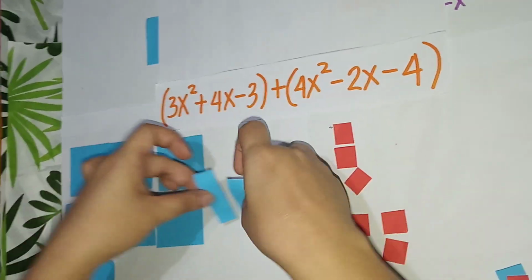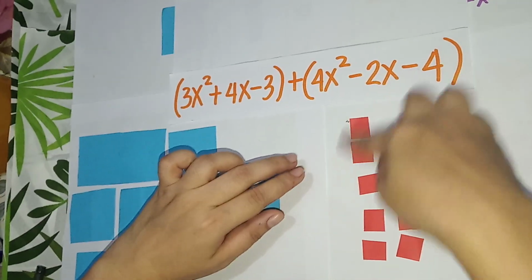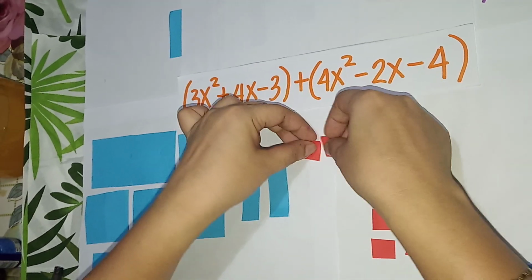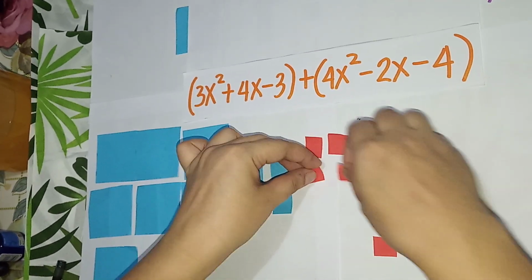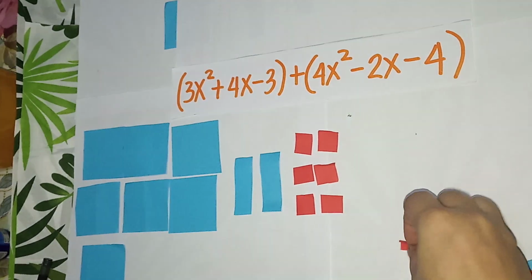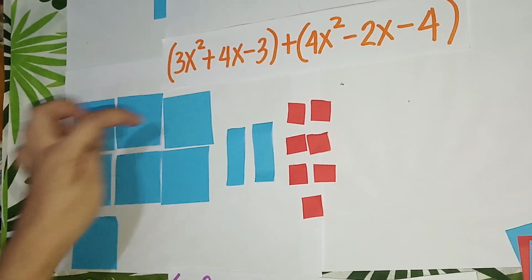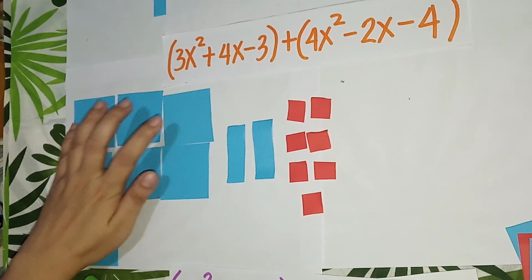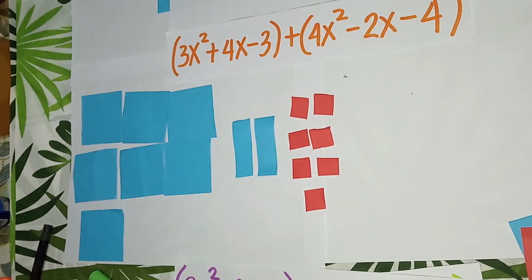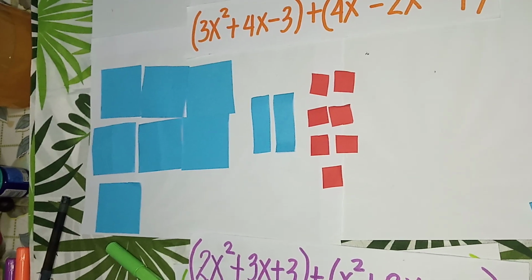What's left? You have 2x. And here, no pairs at all, so just combine them all and rearrange accordingly. So how will you read your answer? 7x squared plus 2x minus 7. That's your answer. Okay, questions?